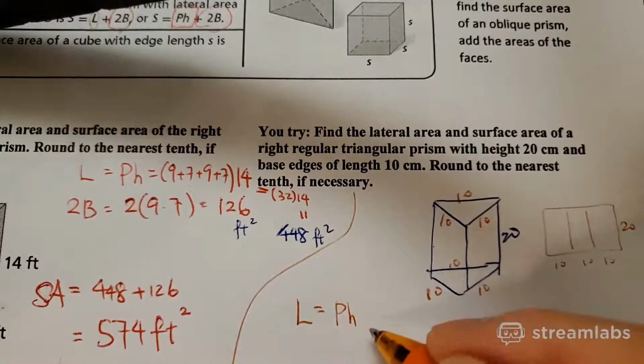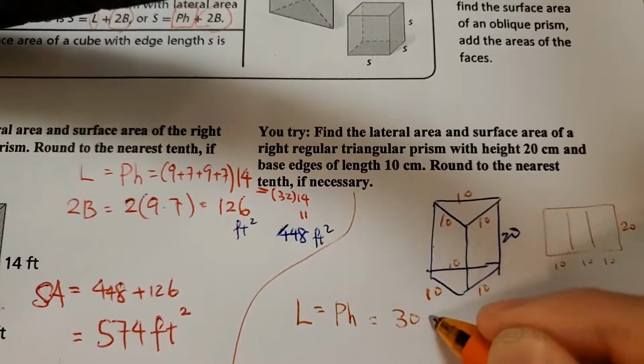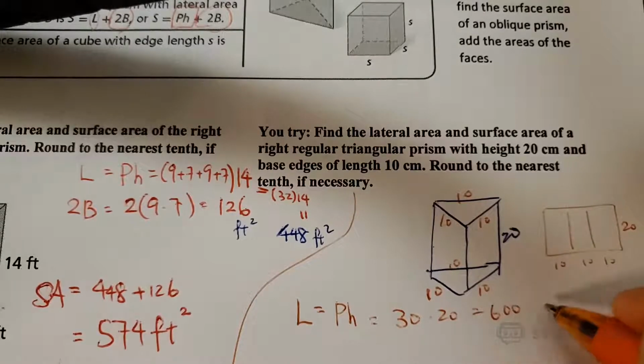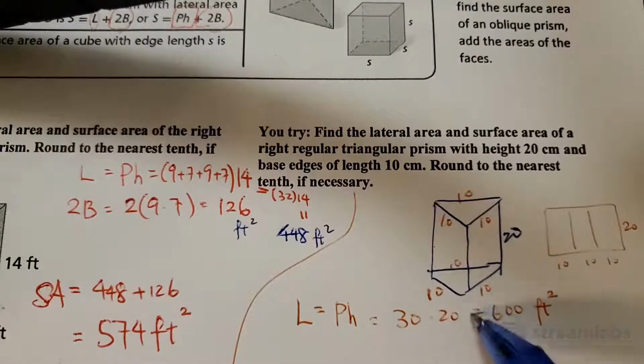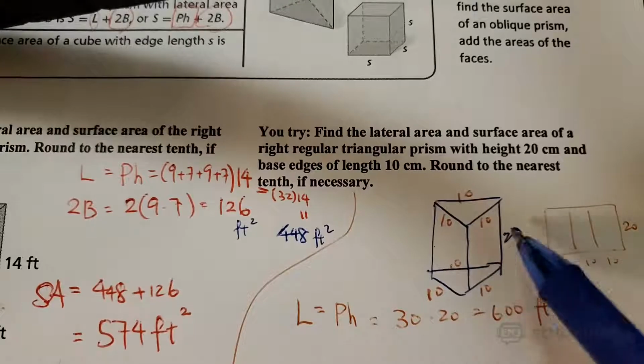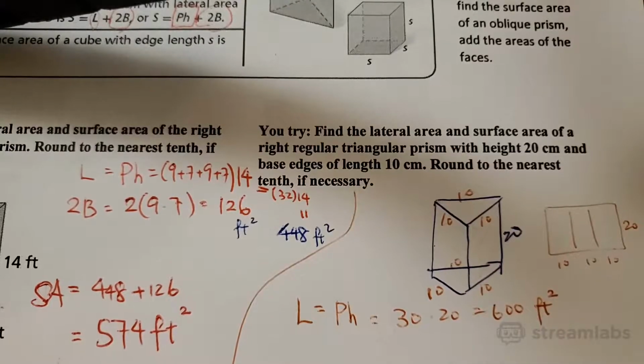So your perimeter will be 30, height will be 20. So it'll be 600 feet square for your lateral area. Okay.